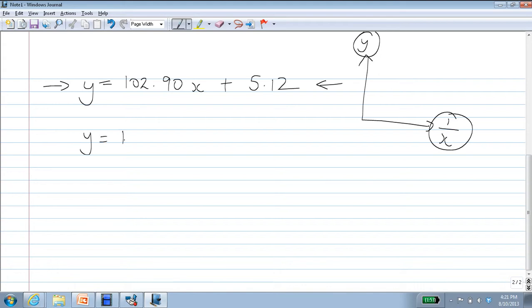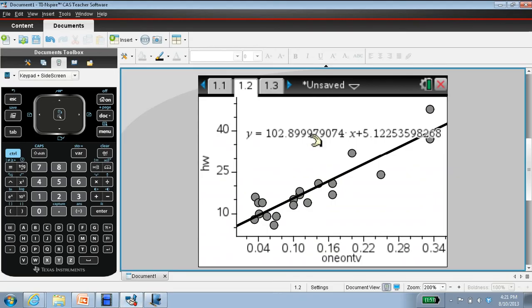So I'm going to replace the x with 1 over x, because, again, reminding you, this equation here came from this scatter plot, which is the relationship between 1 on TV, or 1 on x, and homework, or y.